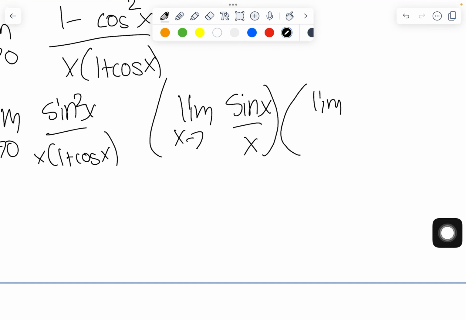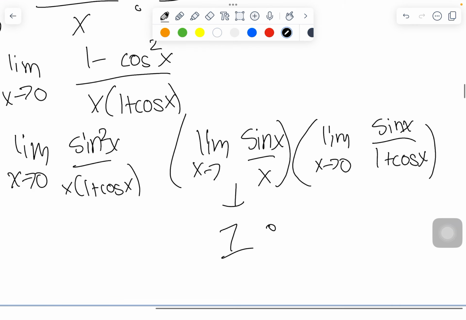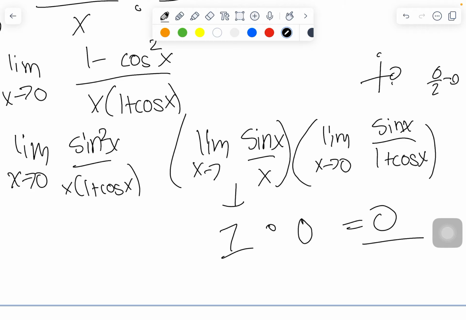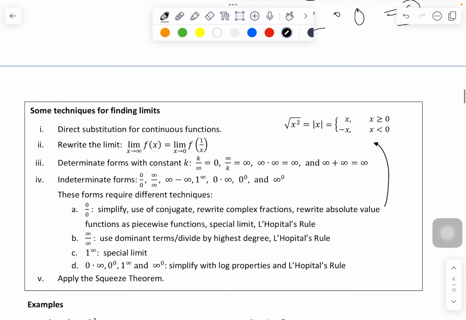And then we'd be left with, and then we can actually plug these values in. So we know this one is equal to 1, and then sine of 0 is just 0, and cosine is just 0, so 0 over 2 equals 0. So it's 1 times 0, which equals 0, which would be our final answer.